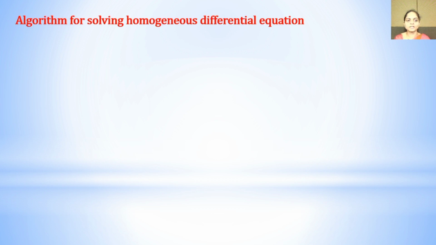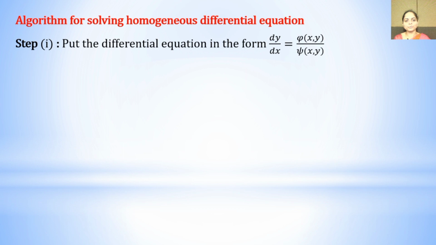Now we are going to study how to solve a homogeneous differential equation, that is, the algorithm for solving a homogeneous differential equation. Our first step is put the differential equation in the form dy by dx equal to phi of xy divided by psi of xy.